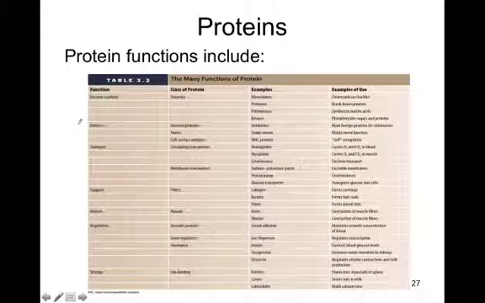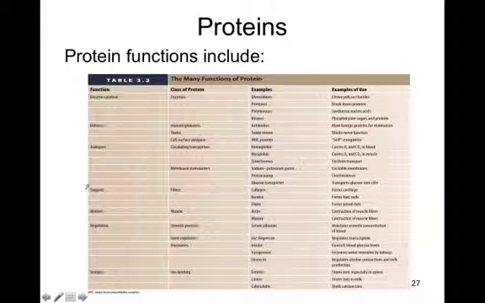Then we'll have some structural proteins, ones involved in support, like collagen fibers and keratin fibers that give our cells some structure. Proteins can also be involved in motion. For example, muscle is full of actin and myosin filaments that are proteins that allow us to move. Proteins also have a role in regulation, as well as in storage.